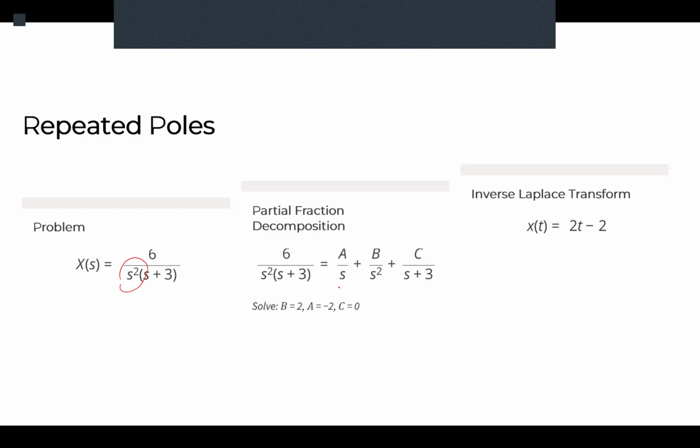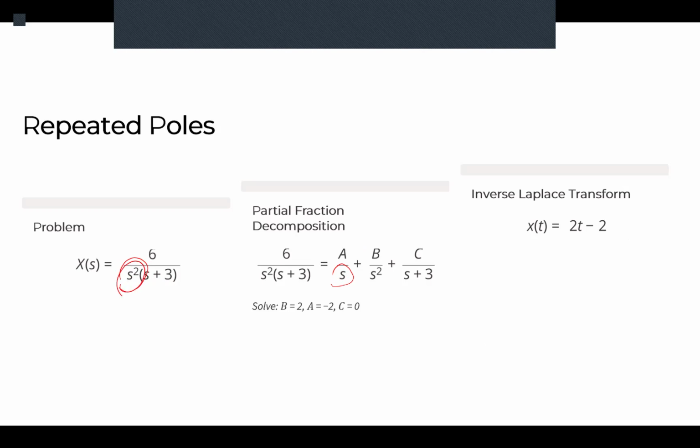You also have to consider s as the denominator when you split. So when you want to split these terms, it's going to be a over s plus b over s squared.